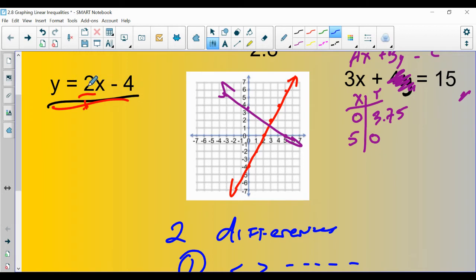It makes this equation a true statement. For example, (6, 8), I believe, is this point here. If you plug in 6, 2 times 6 is 12, and 12 minus 4 is 8. So (6, 8) does work. It's on this line. Anywhere on this line will make this a true statement. Anywhere not on the line will make this a false statement, will not work.